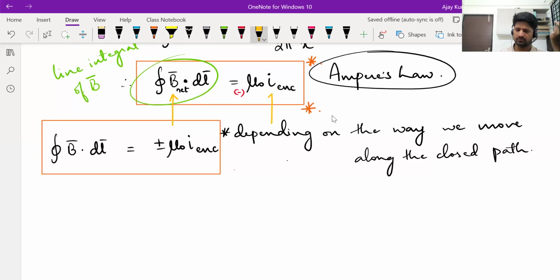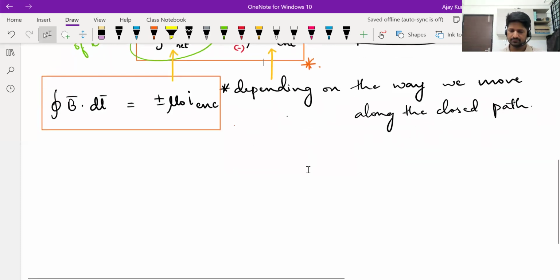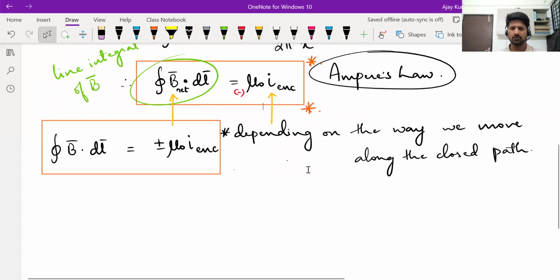So those are the kinds of questions they can ask. Sometimes they can directly ask you what is integral B dot dl over this closed loop. That integral is not a useful quantity for now, but they'll simply ask you to calculate that quantity.